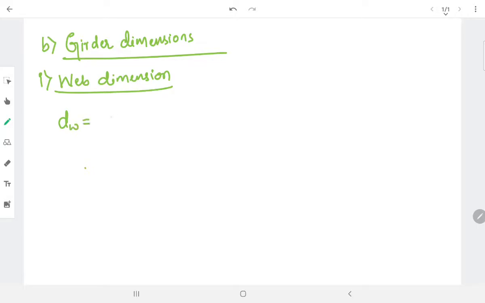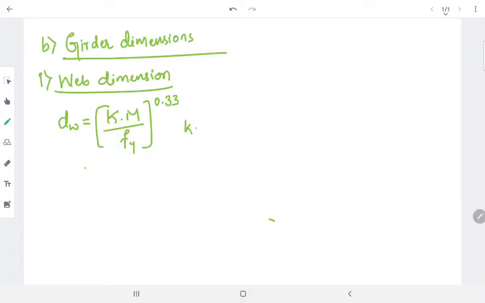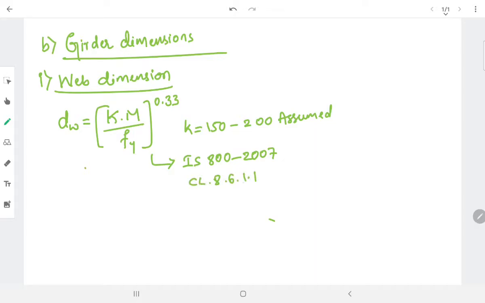Depth of the web is calculated with this formula: dw equals k into M divided by fy, all raised to 0.33, where k equals 150 to 200, it can be assumed, and this formula is taken from the IS 800 code book. You can check in clause 8.6.1.1.